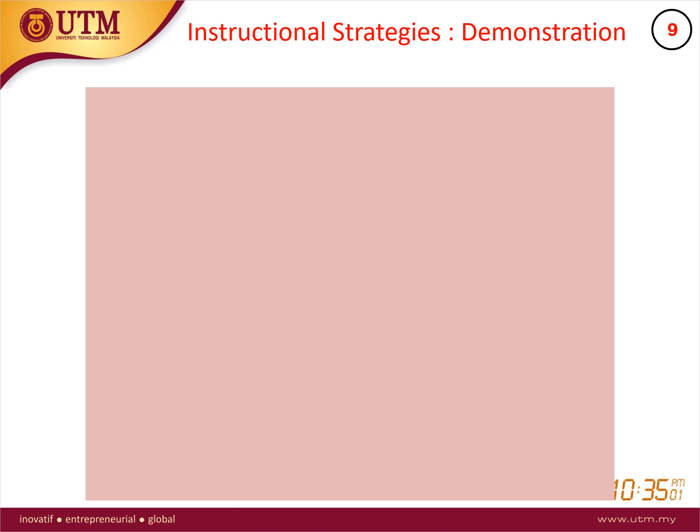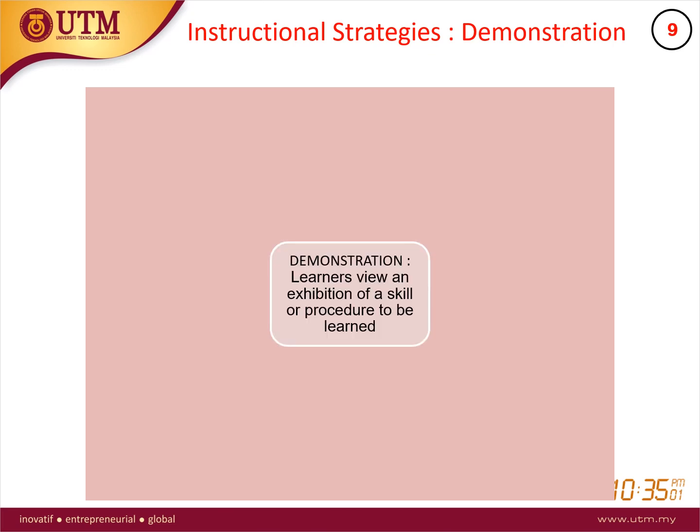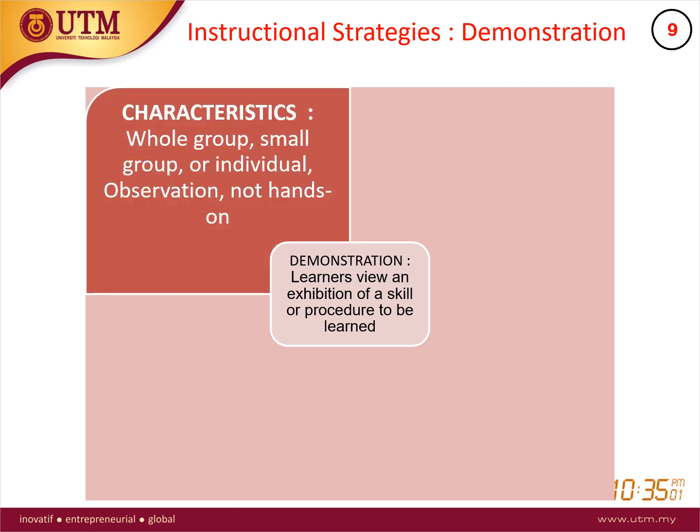The second strategy that we have is demonstration, and we can define demonstration as the process of teaching someone how to make or do something, a step-by-step process in front of your students, okay? And then you need to ask your students to do it again. For the characteristics, it could be done for the whole group, the whole class, or a small group, or sometimes you need to do it individually.